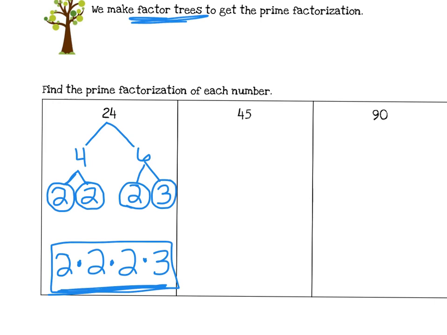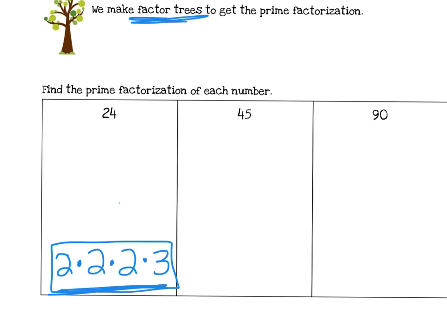Okay, you guys don't have to do this on your paper, but I want you to watch what happens if I wouldn't have started with 4 and 6. Maybe I would have started with 2 and 12 as the factors for 24. Okay, 2 we know is prime, so we circle it.